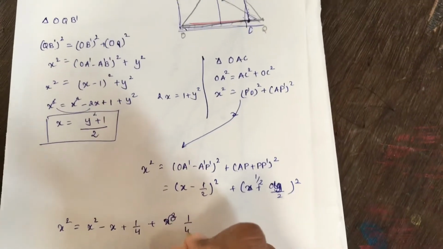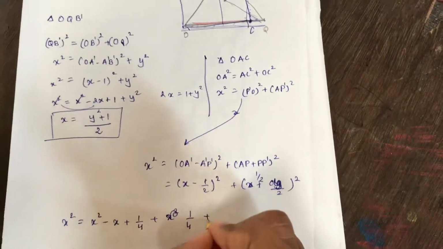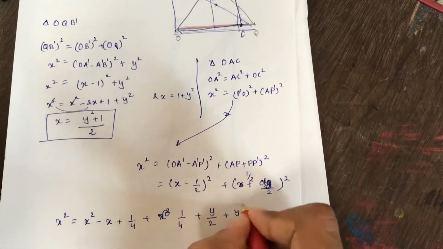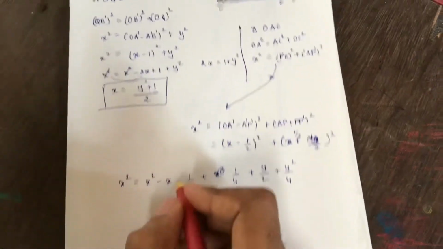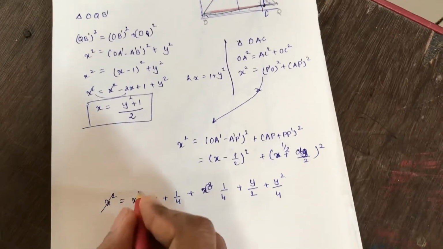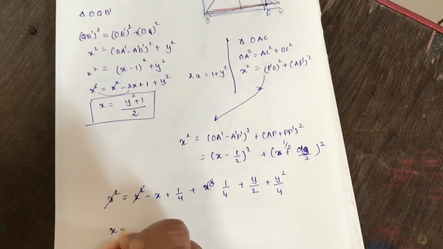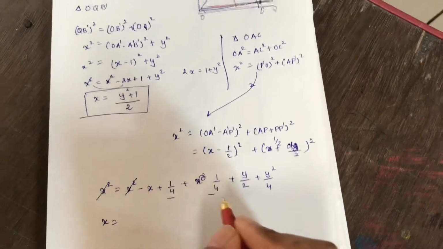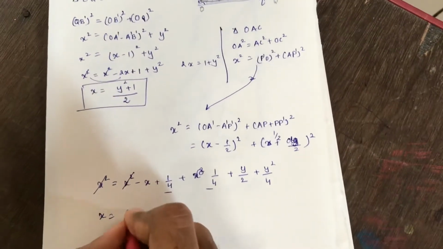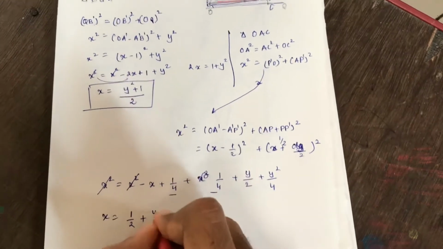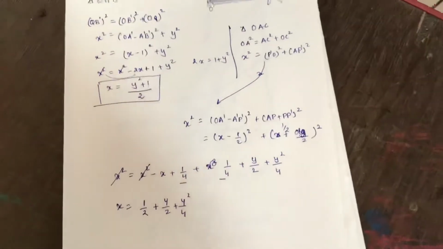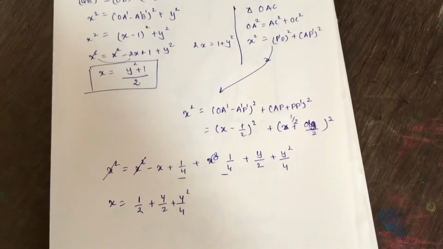So (1 upon 2) square is 1 upon 4, plus 2AB means Y by 2, the 2 is cancelled, plus Y square by 4. Now in simplification, X square is cancelled. When this X comes over here, it is plus X, 1 upon 4 plus 1 upon 4, 2 upon 4 means 1 upon 2, plus Y upon 2 plus Y square by 4. So these are the two equations that we have.